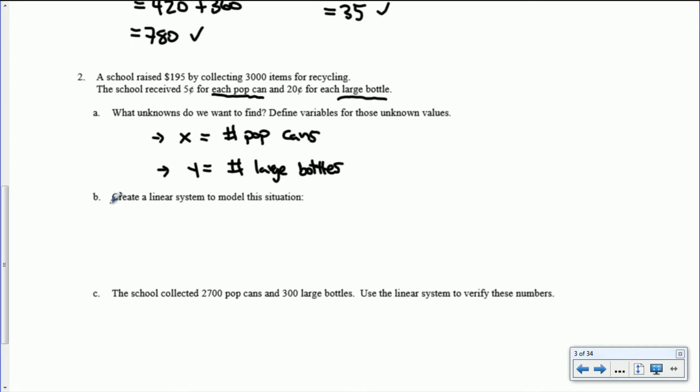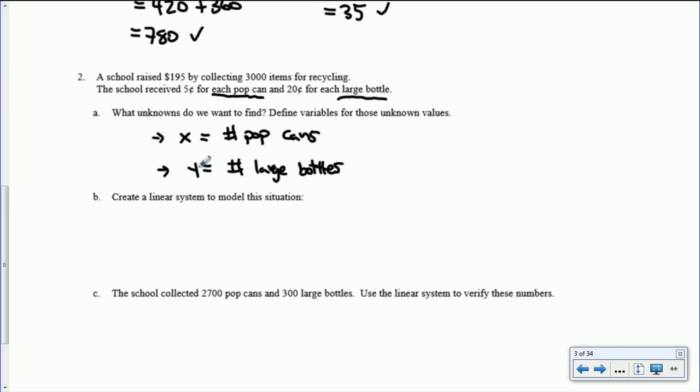Okay, so next we need to create a linear system to model this situation. So $195 by collecting 3,000 items. So we've only collected pop cans and bottles.